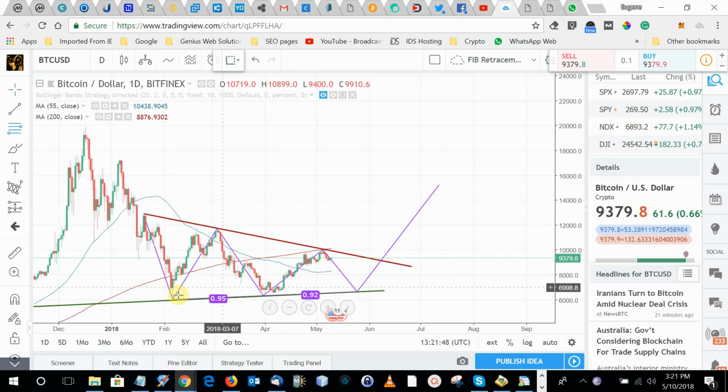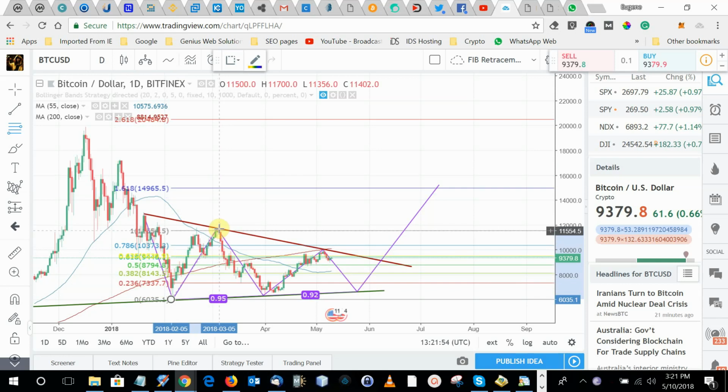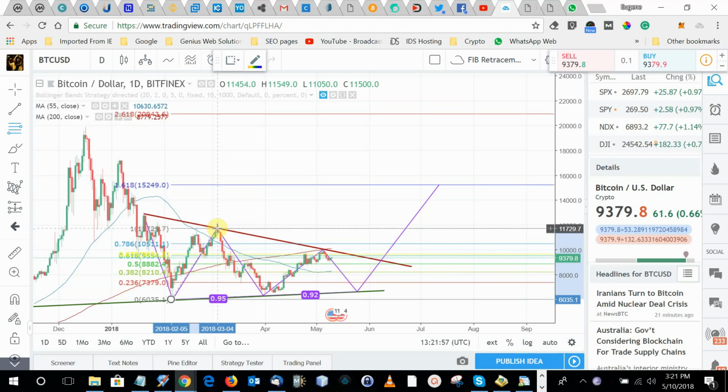Well, if I take a Fibonacci retracement from the swing low on the 6th of February up to the swing high of that move, you can see over here this lines up to be a perfect algo target at the 1.618.